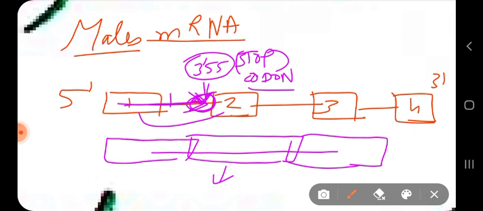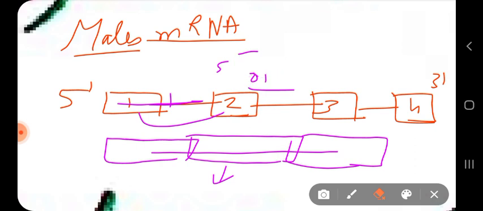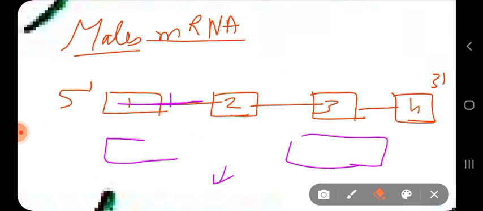But what happens in case of females? The females skip that portion. They don't use this 3 prime splice site here. They use an alternative 3 prime splice site located right here.